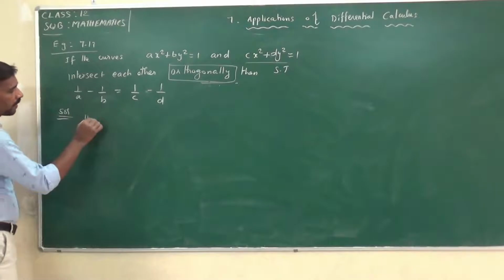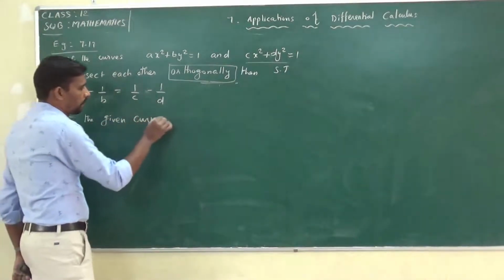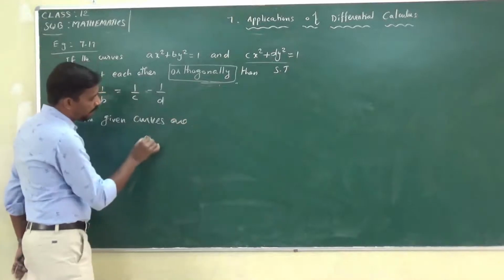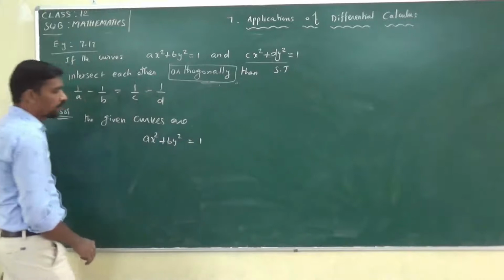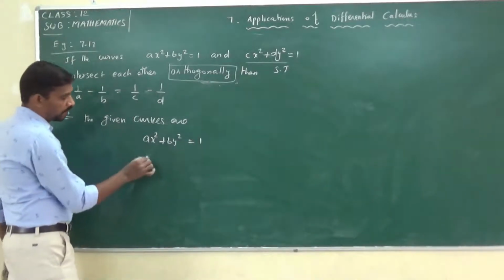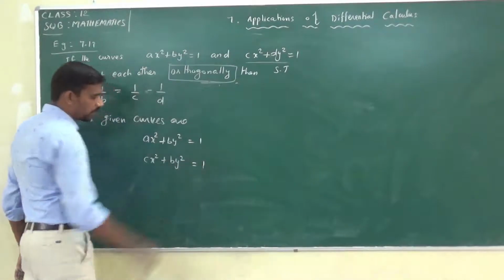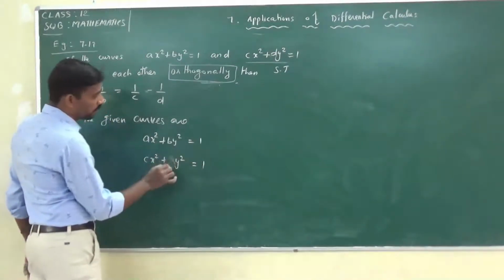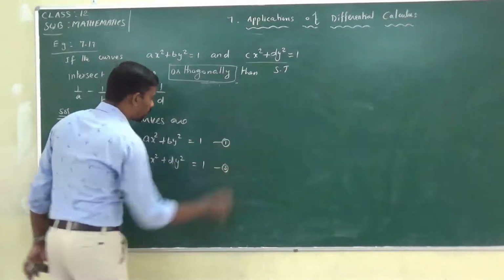Solution. The given curves are ax square plus by square equal to 1, and cx square plus dy square equal to 1. This is the first curve, this is the second curve.